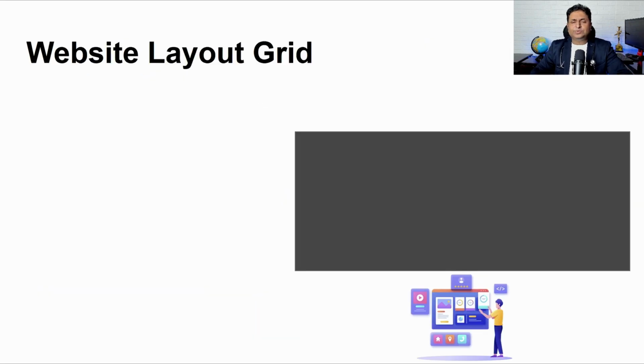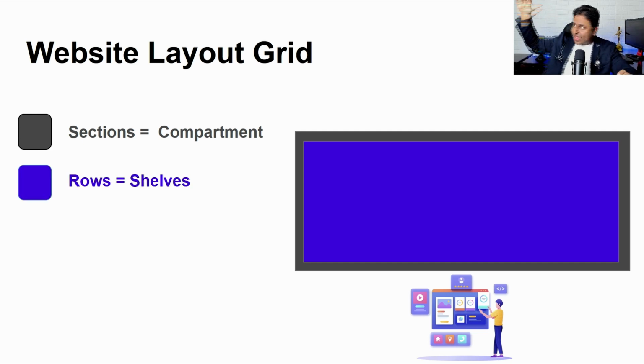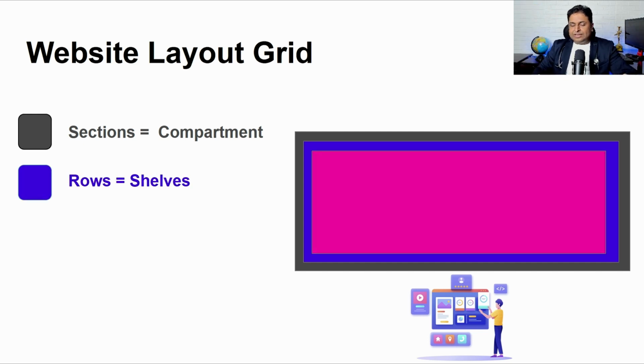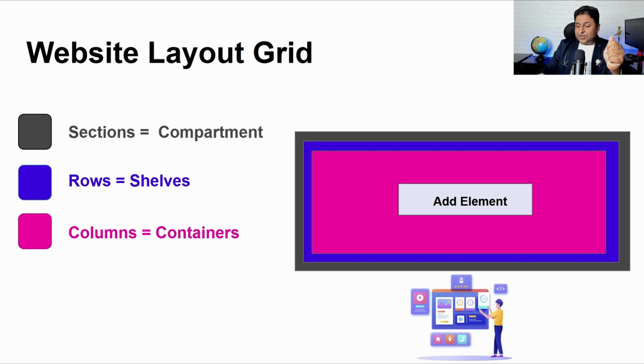So when it comes to the website layout grid, what you understood now is you have a section, which is called a compartment. Inside the compartment, we can have multiple rows, as we have in the fridge. In the multiple rows, which are shelves, we can have multiple containers as per what type of element you want to have.